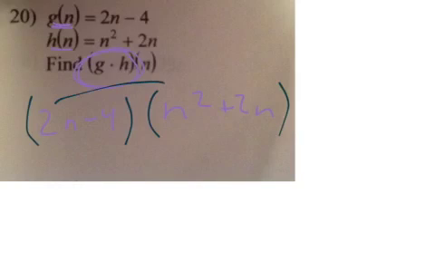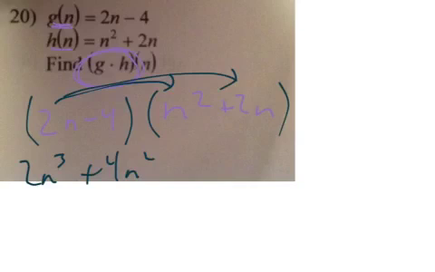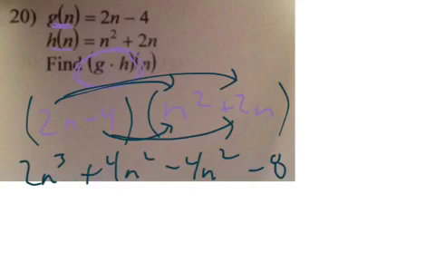So 2n times n squared is 2n cubed. 2n times 2n is 4n squared. Minus 4 times n squared, minus 4n squared. Minus 4 times 2, minus 8n. What do we got next? Well, we have 2n cubed, because that's the only cube expression.